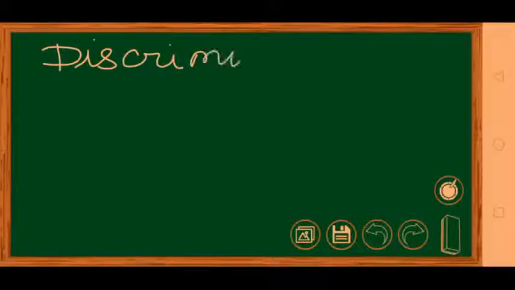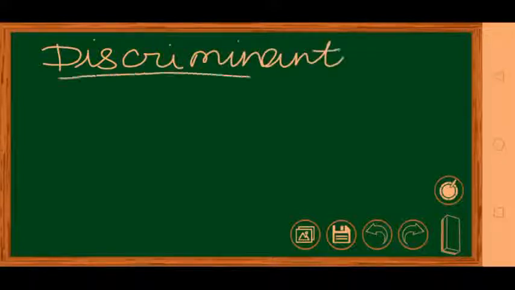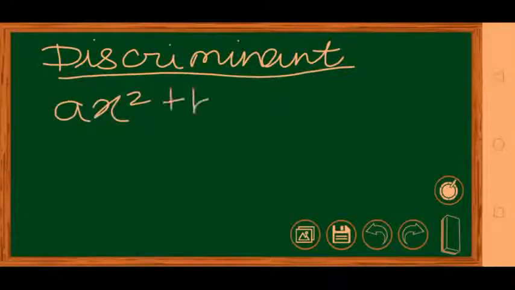Now proceeding further, we will study the formula method of solving a quadratic equation. Before that, let us see what we mean by discriminant. Suppose your equation is ax square plus bx plus c equal to 0.